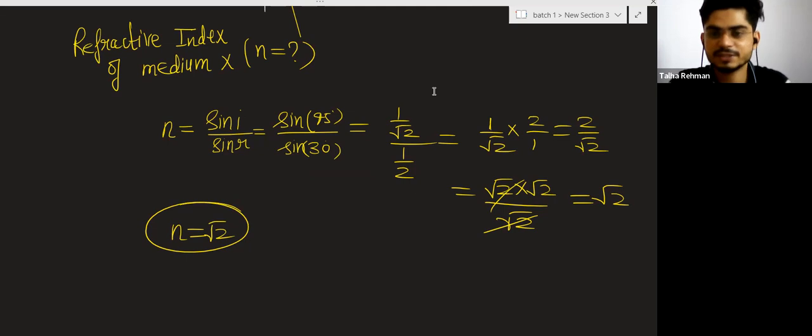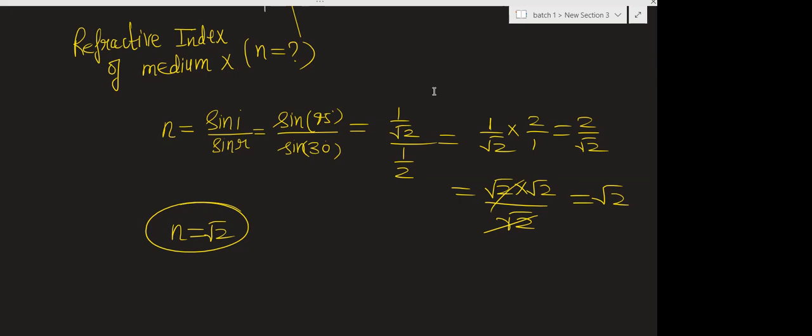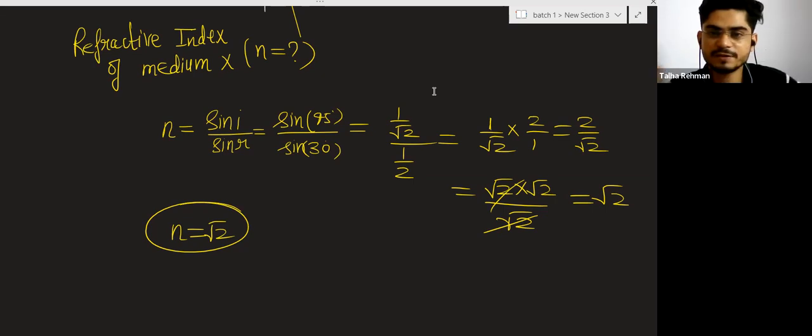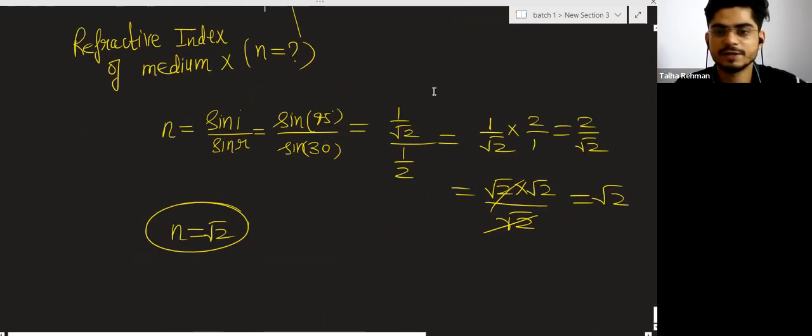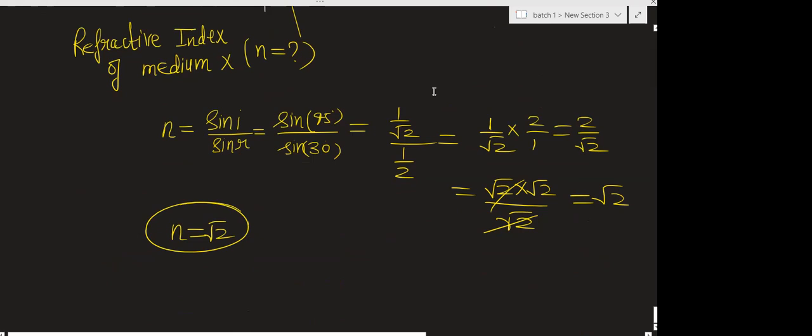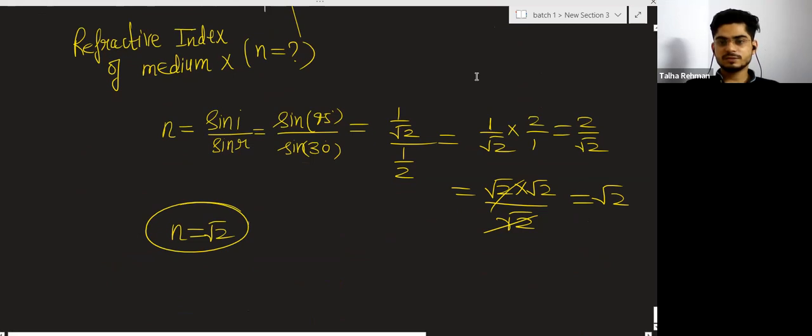Reflection we will see, but refraction is the new topic, and this was the second lecture, so you can check that. Make proper notes, and try to revise the notes again and again, all of you.